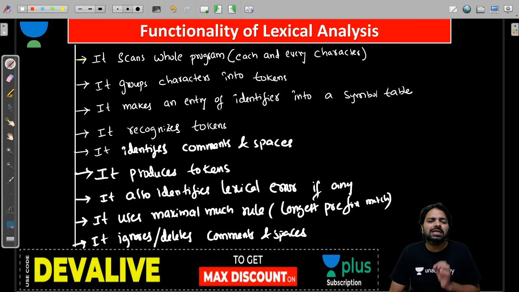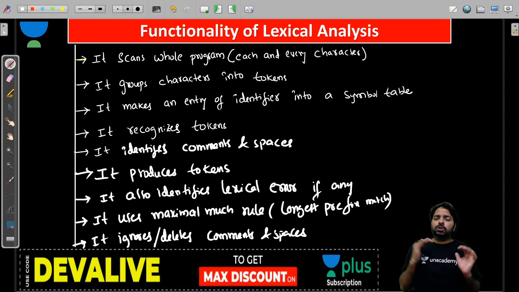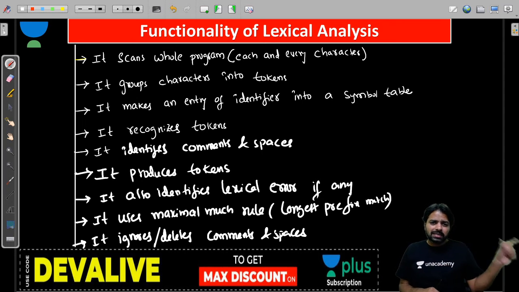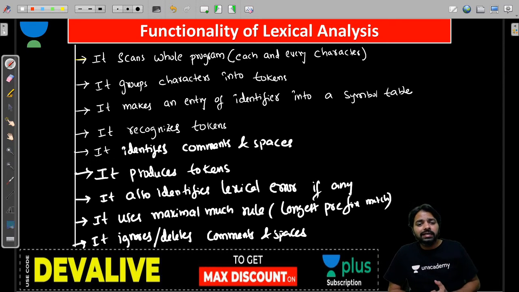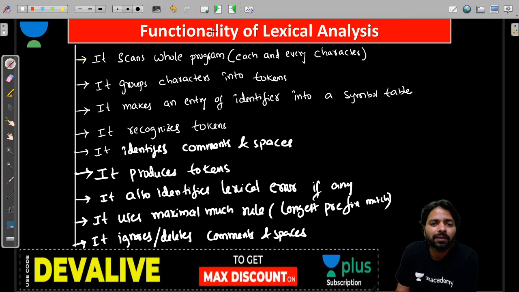So these are the functionalities of the lexical analyzer. It scans the whole program. It groups characters into tokens. It makes an entry of an identifier into the symbol table, and it recognizes the tokens. It identifies the comments and spaces and ignores them. It produces the tokens, and it also identifies lexical errors, if any. Here we will slowly understand what a lexical error is, how to identify a token, what the maximal munch rule is, one by one.